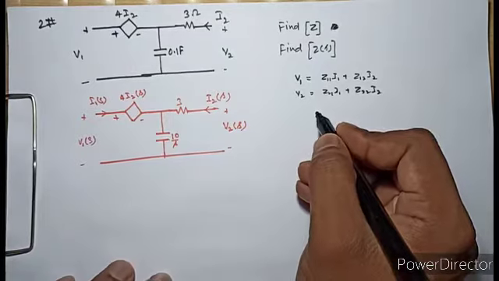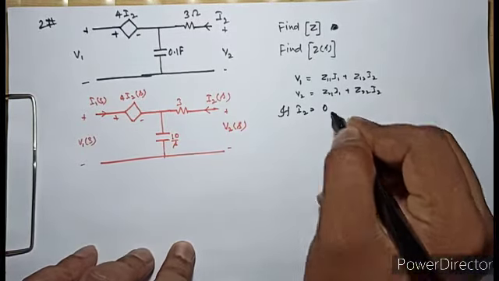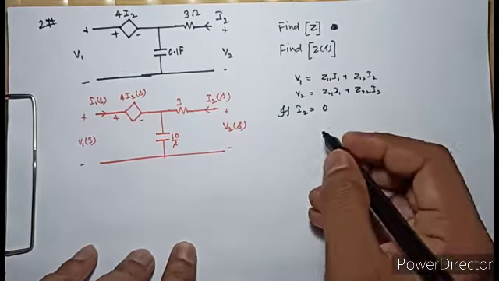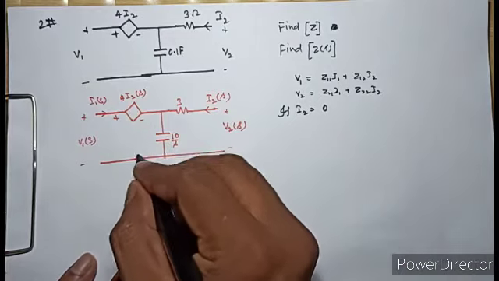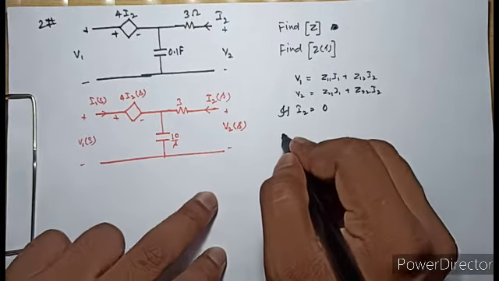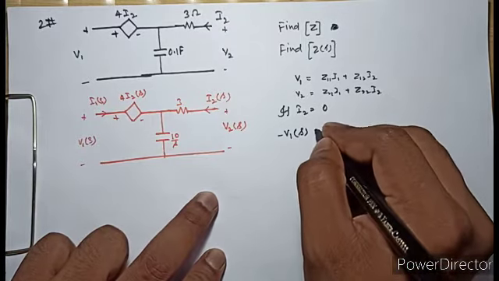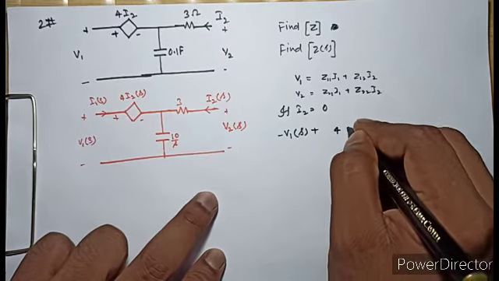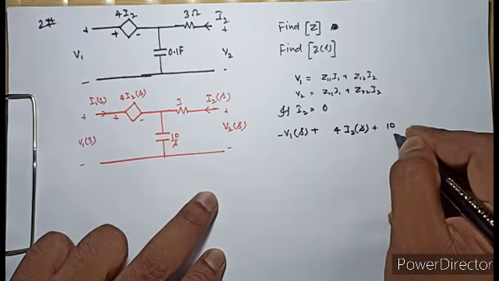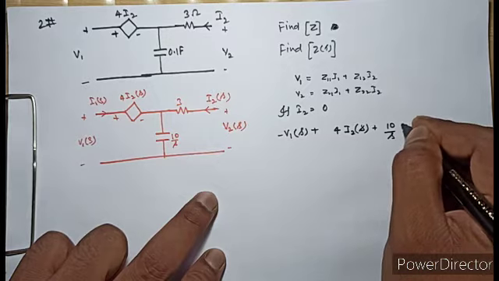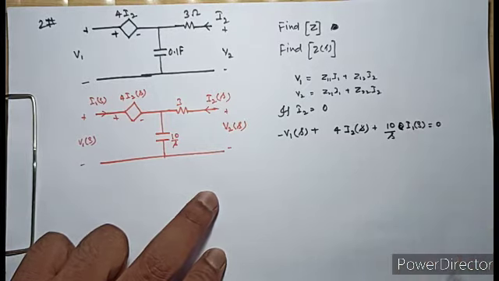Now if I make I2 equal to 0, then we can write the KVL in this input loop. It will become minus V1S plus 4 I2S plus 10 by S into I1S is equal to 0.